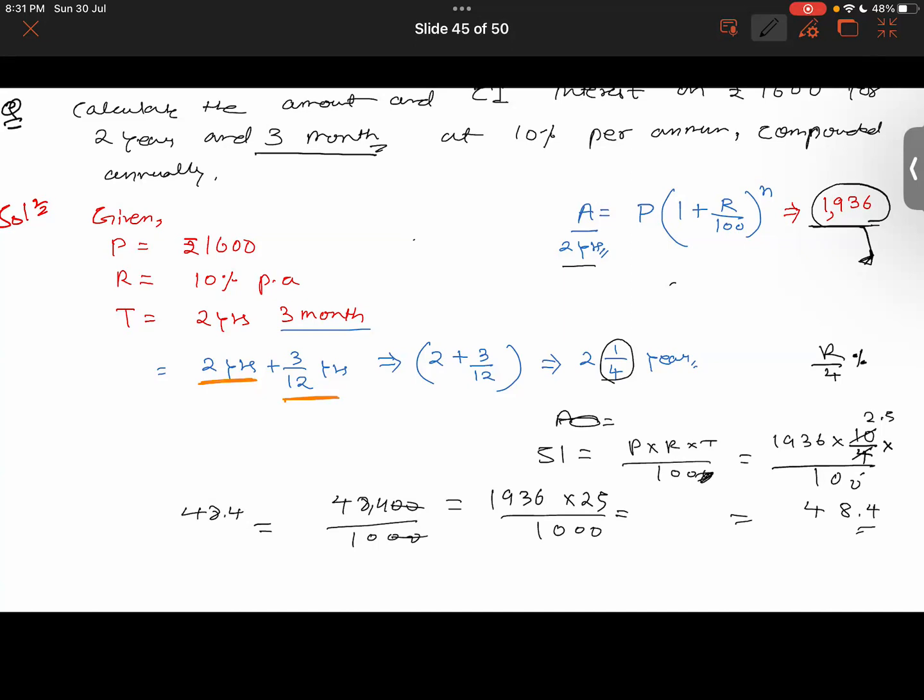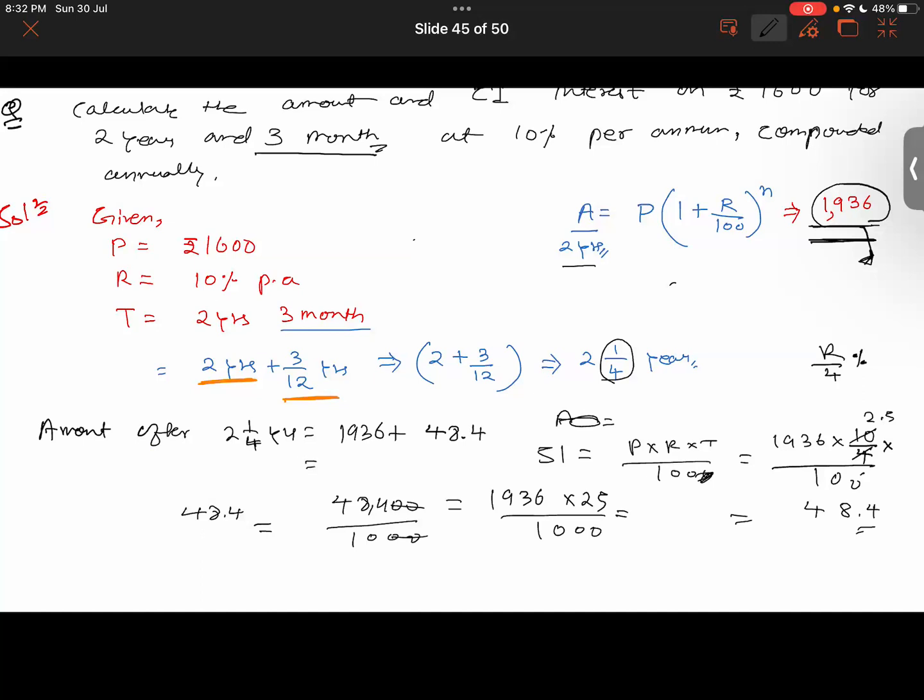So we have now got the amount after 2 years and we have also got the simple interest after 2 years. So the amount after 2 and 1 upon 4 years is simply going to be 1936 plus this amount of interest, that is 48.4.